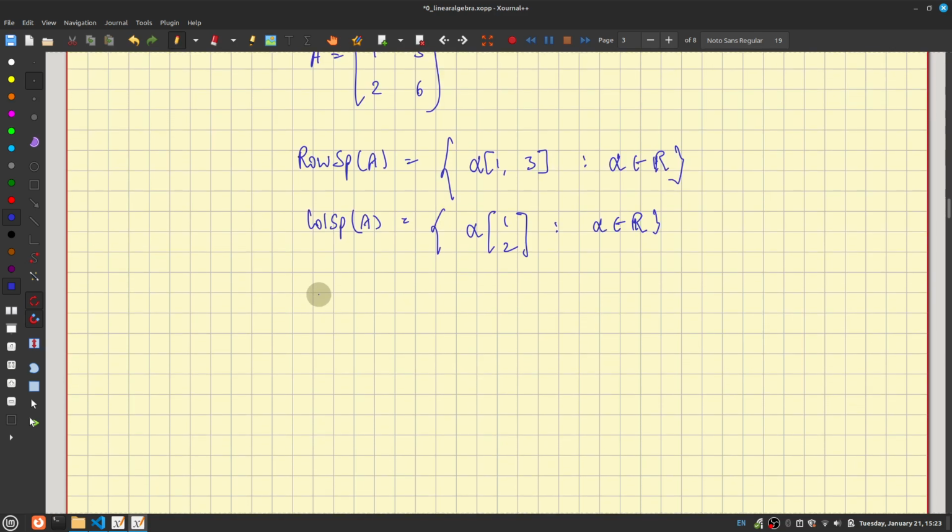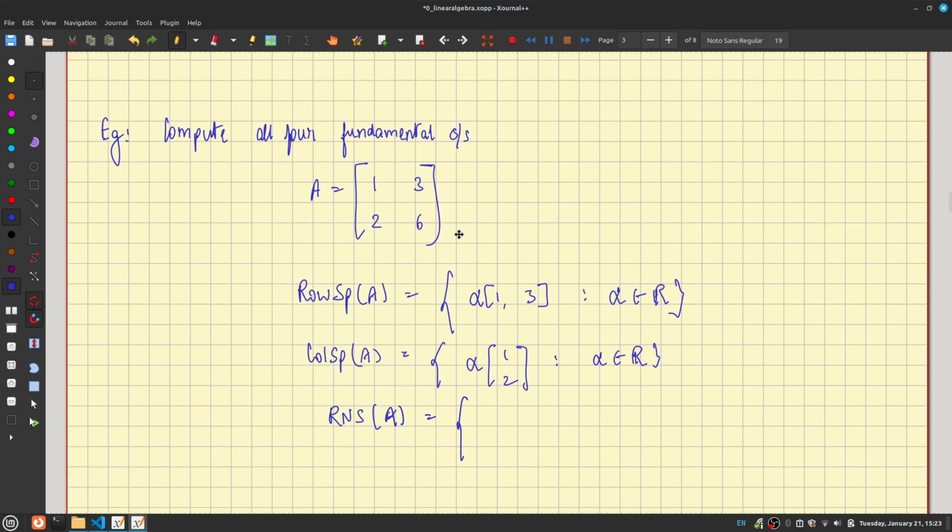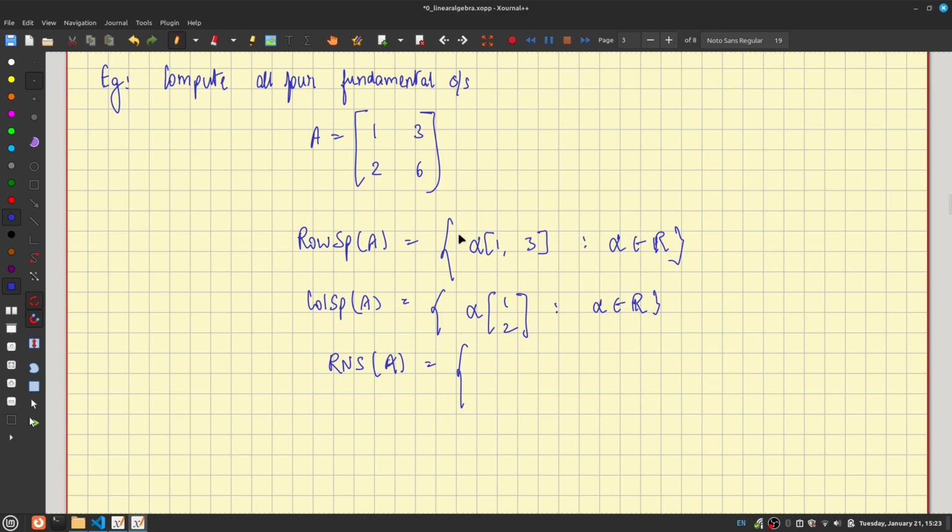What about the right null space? Can you give me a basis vector for it? You can take one basis vector as 3 comma minus 1, or minus 3 comma 1.